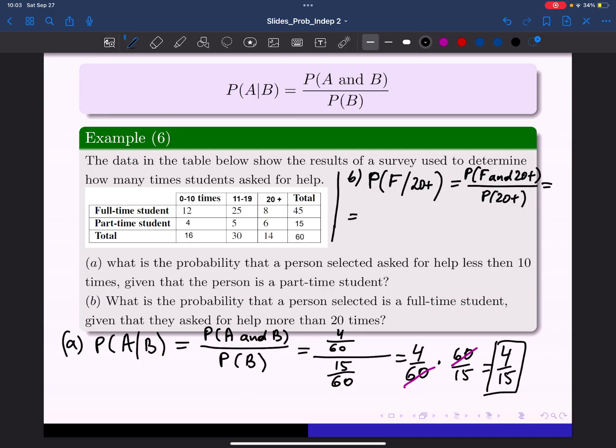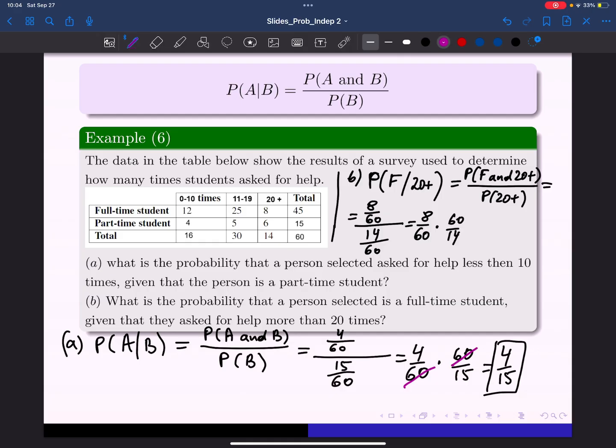So this is equal to 8 out of 60, all divided by the probability of 20 plus. How many 20 plus do we have? We have 14 out of 60. And that gives us 8 out of 60 times its reciprocal on the bottom, so 60 out of 14.